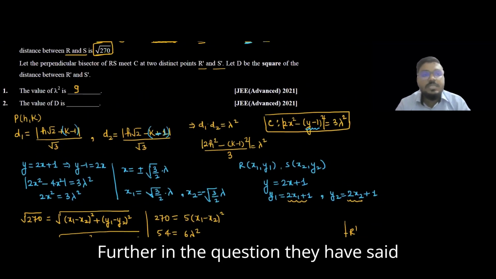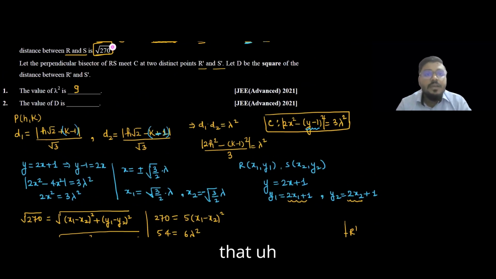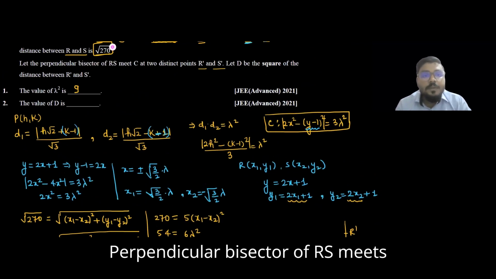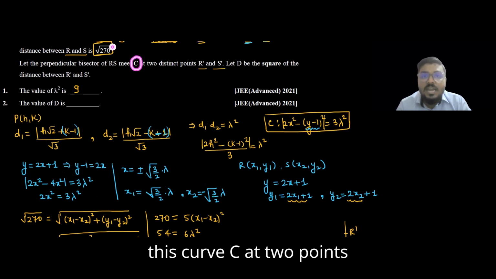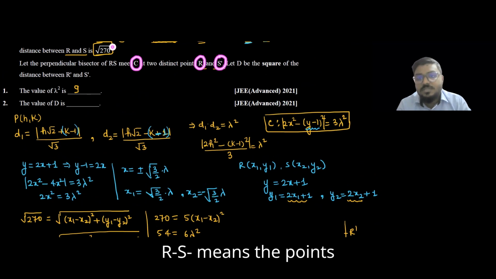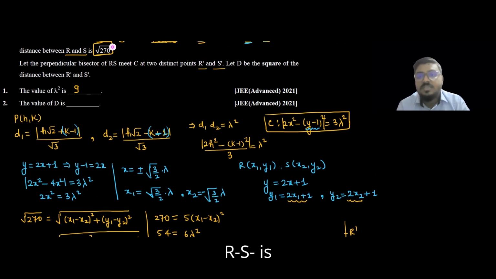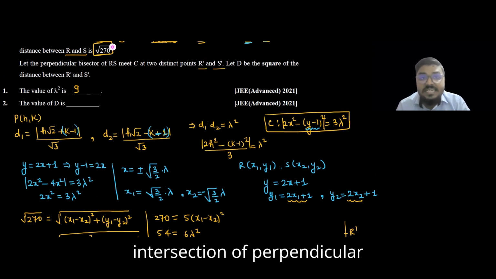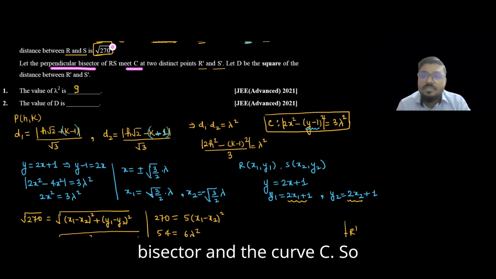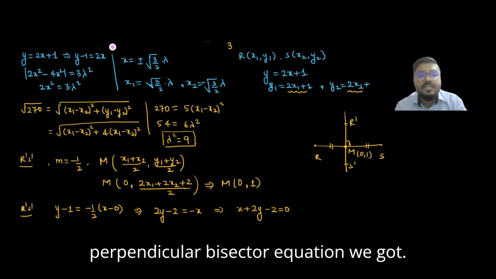Further in the question, they have said that the perpendicular bisector of RS meets this curve C at two points R dash S dash. Means the points R dash S dash are the intersection of the perpendicular bisector and the curve C. So the perpendicular bisector equation we got.